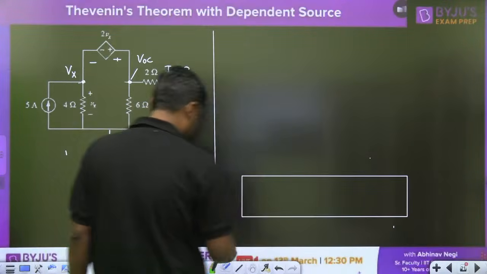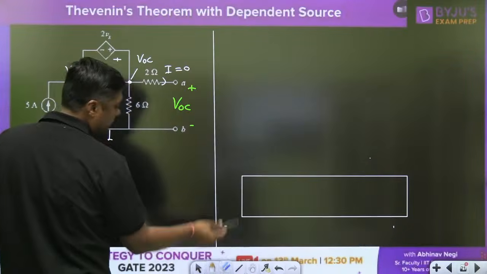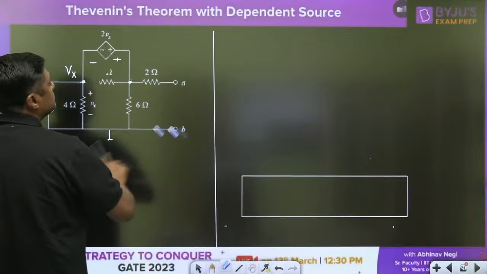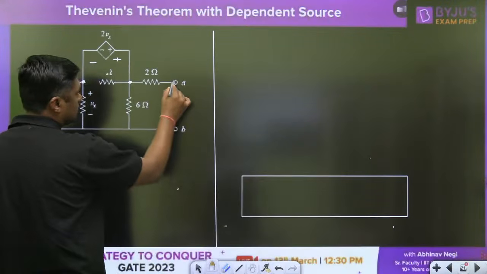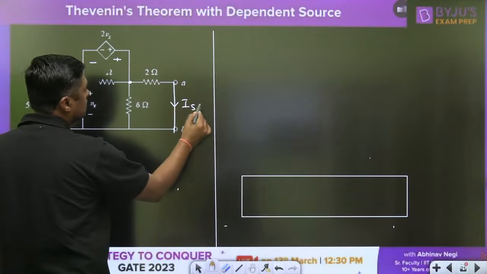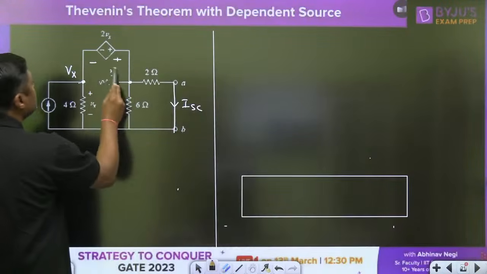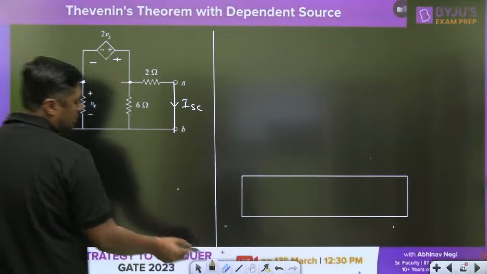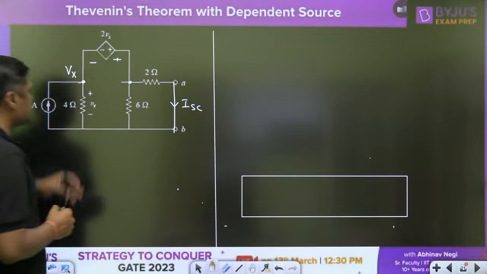Okay, no problem. This is the VOC. Make it now short circuit. This is the ISC. Again remove this 2 ohm resistor. Already we have solved it, so these are repeated steps.